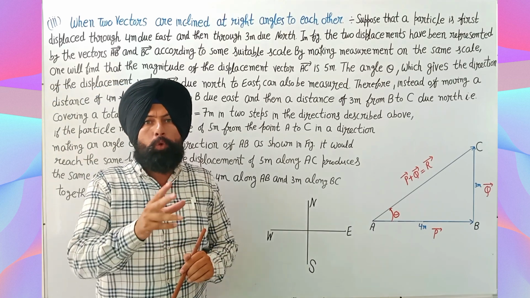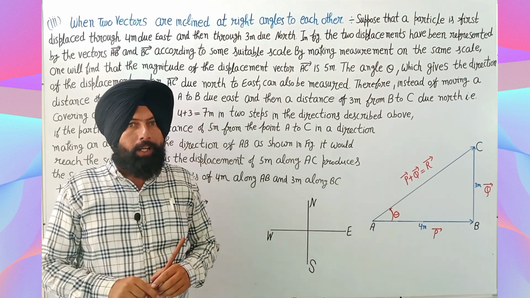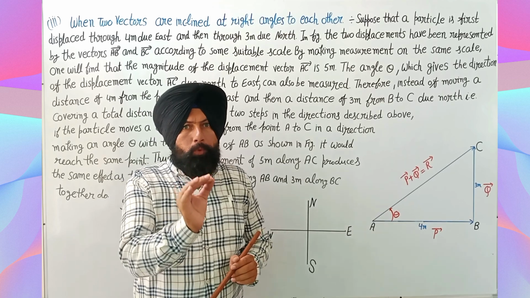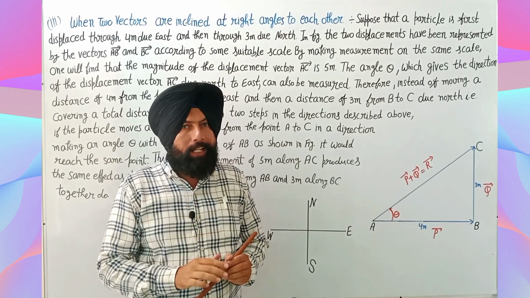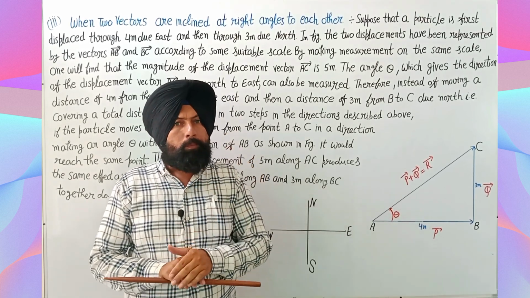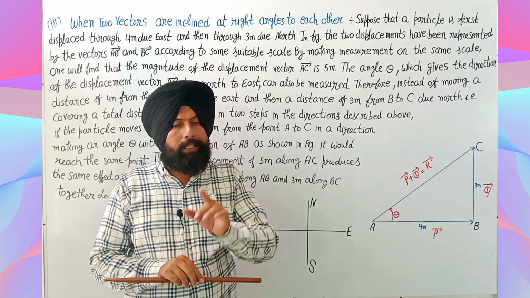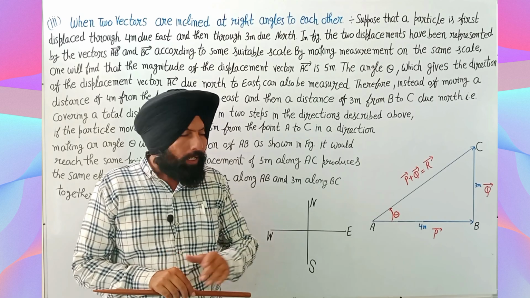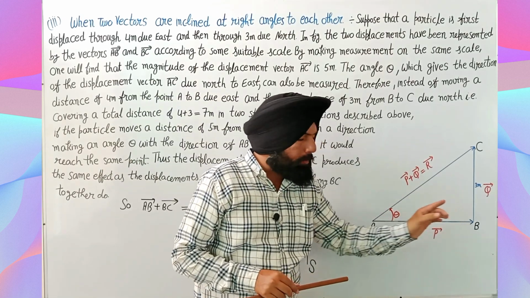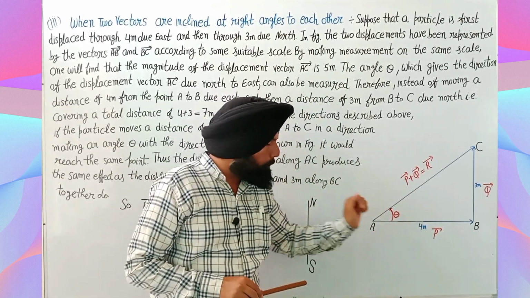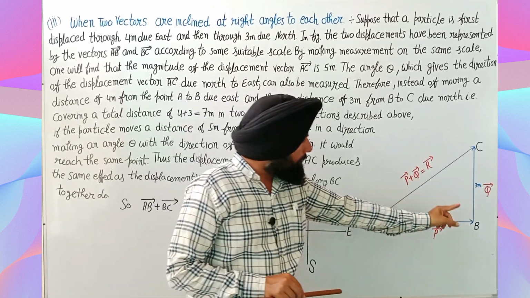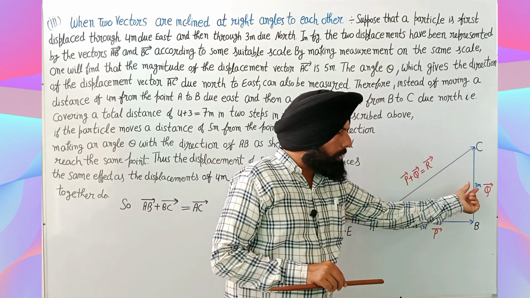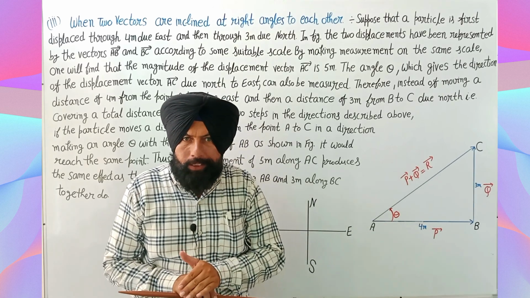Now students, what you have to do? You have to use the scale and assume 1 centimeter equal to say 1 meter, and your 4 centimeter will be 4 meter. 3 centimeter will be equal to 3 meter.